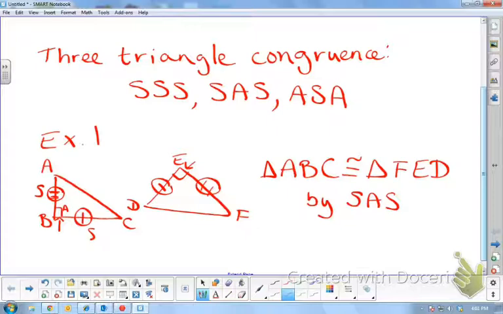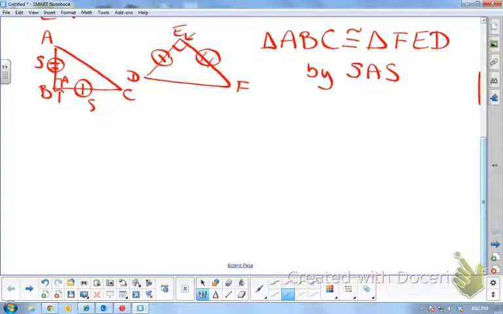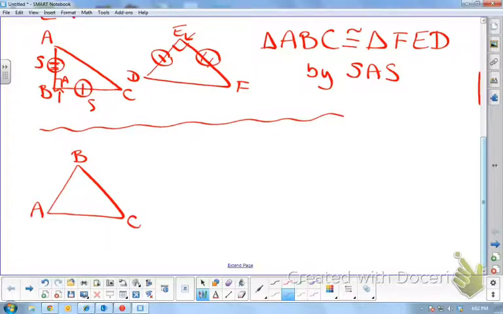So something else we started to talk about with triangles is how much the angles in a triangle add up to be. So when we have any triangle, we know that the three angles inside a triangle all add up to be 180 degrees.